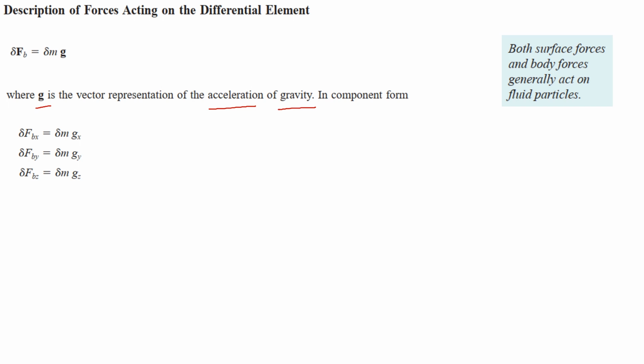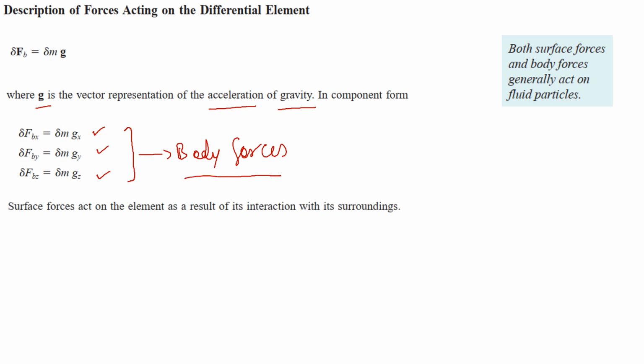So the body forces in the x, y and z directions for a single fluid element under the force of gravity will be like this. So these are our body forces for a single fluid element.